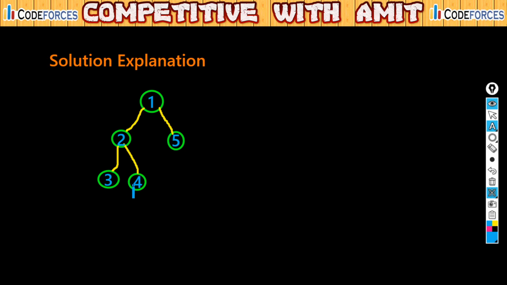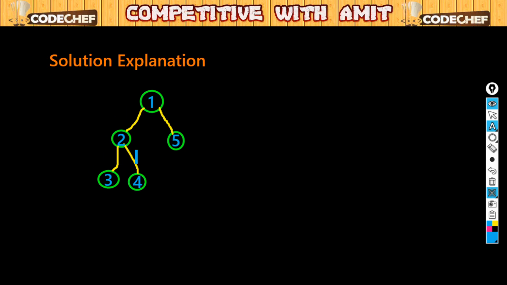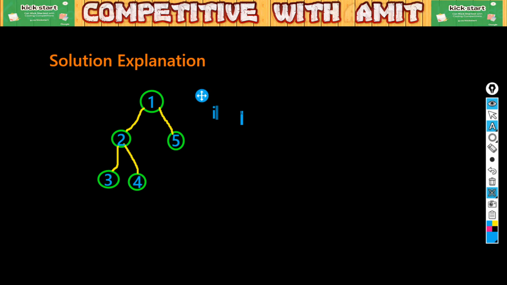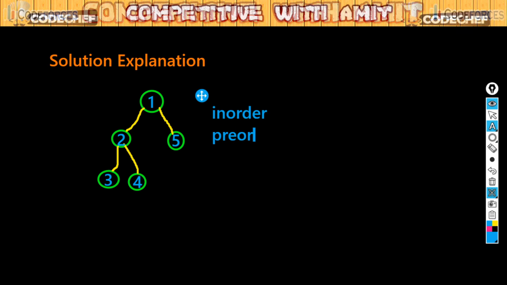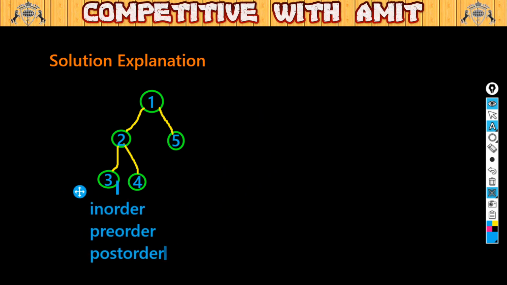Means how many ways there are in which I can represent this whole binary tree in an array. So there are mainly 3, namely Inorder, Preorder and Postorder. These 3 are the types of traversal of a binary tree.